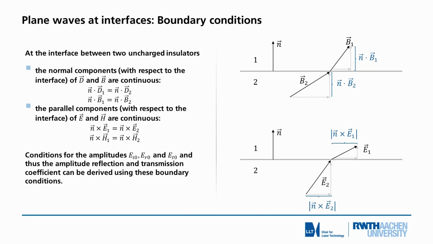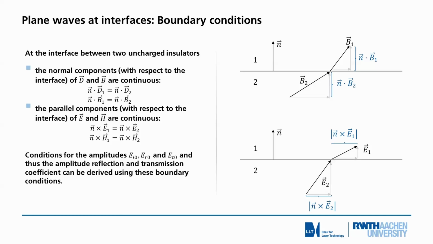If you look at the boundary condition, that is exactly at the interface between medium number 1 and medium number 2, then we learn from Maxwell's equations that we have two conditions for the magnetic and the electric field respectively.